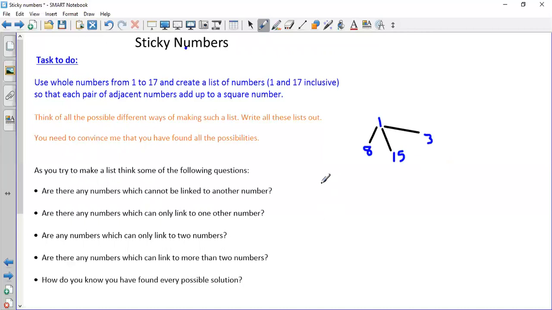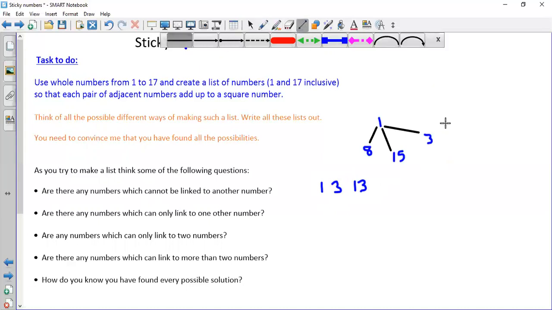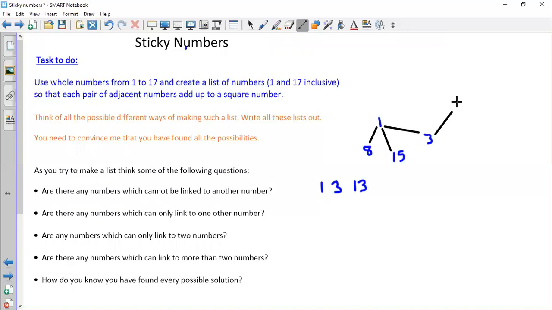So when I start writing my numbers, I can start writing that as 1, 3. And then what can I add to 3 to get me another square number? Let me think about it. So it has to be less than 17. I can write 1, 3, 13. I can actually create a nice map here.